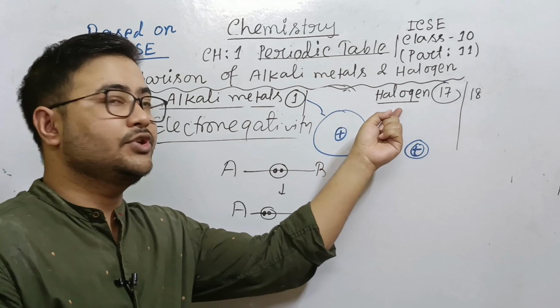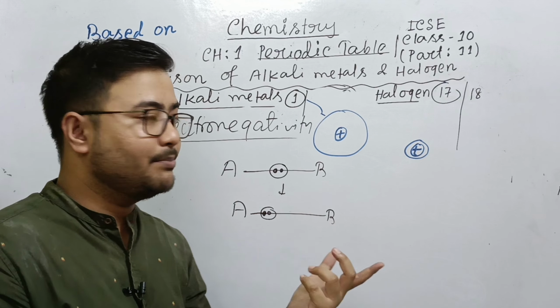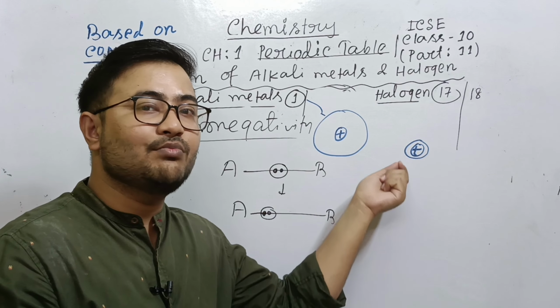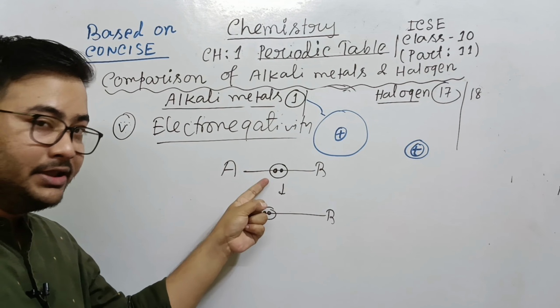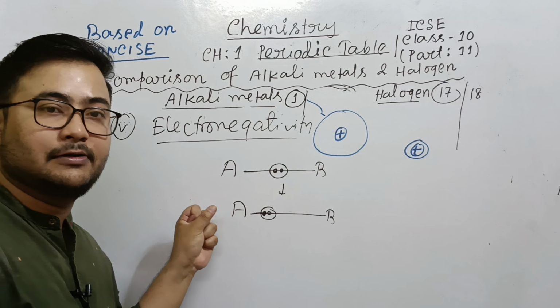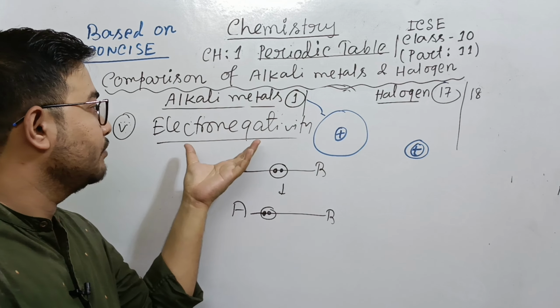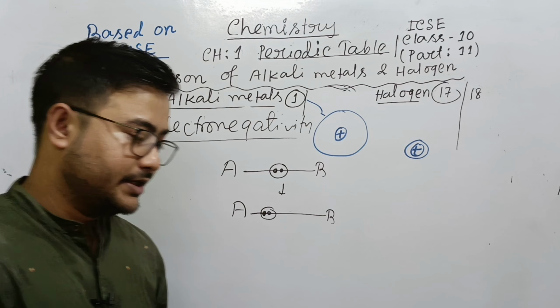So the electronegativity of halogens is more than that of alkali metals. Same point: since the radius of halogens is less, they have more power to pull the bonded pair of electrons towards themselves. So halogens have more electronegativity than alkali metals. Okay, done.